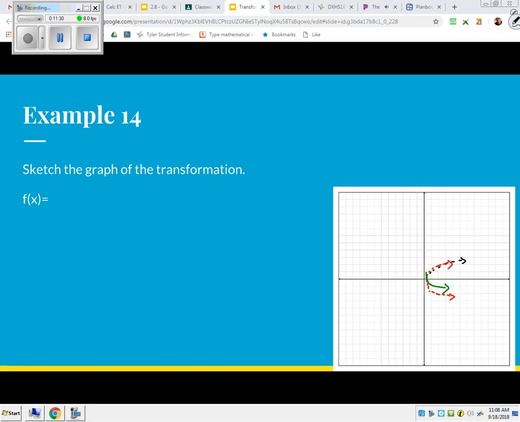Absolute value, all right. We do absolute value. Was that your absolute value music? Absolute value. Dun, dun, dun. All right.